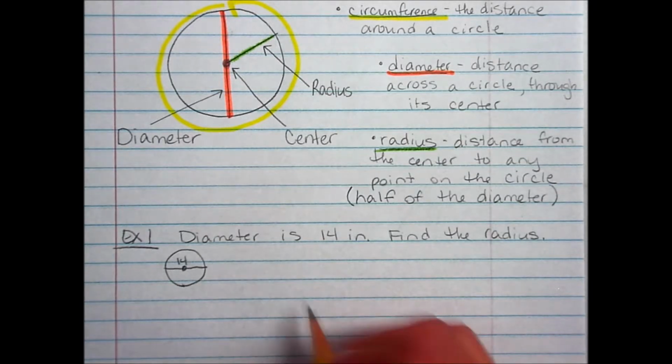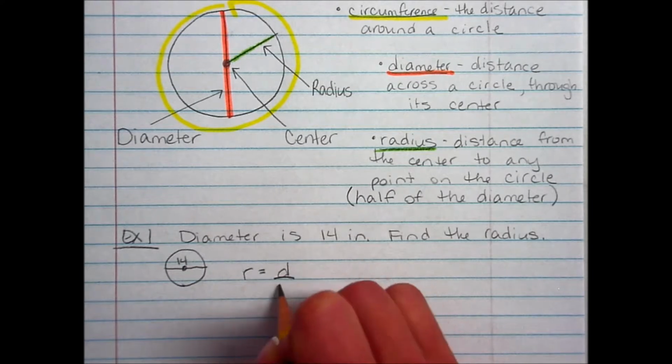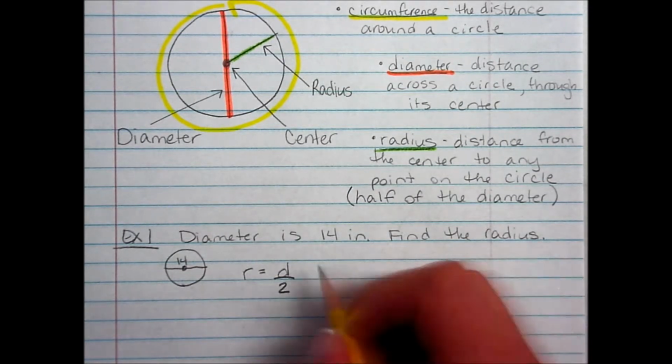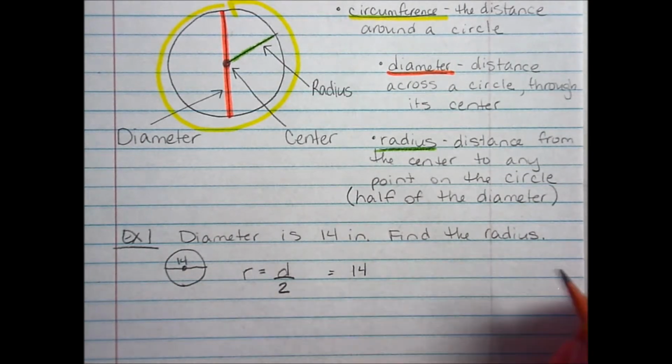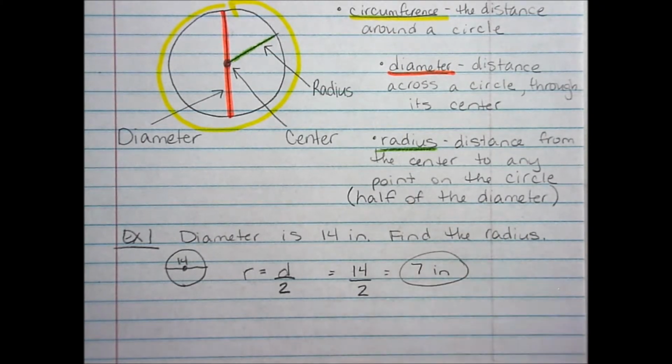Okay, so all I have to remember, radius will be the diameter divided by 2. All right, so that would be, the diameter is 14. Divide that by 2, and I will get 7 inches as my answer. And that's it for that one.